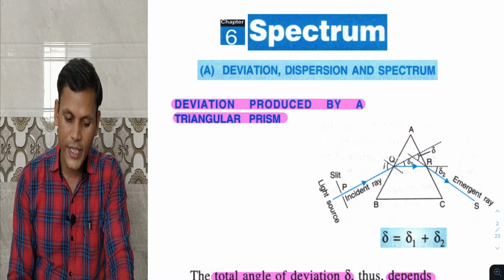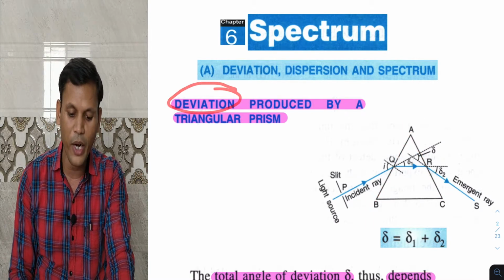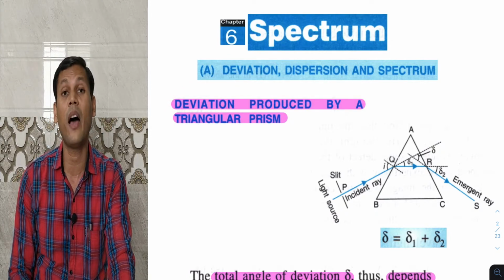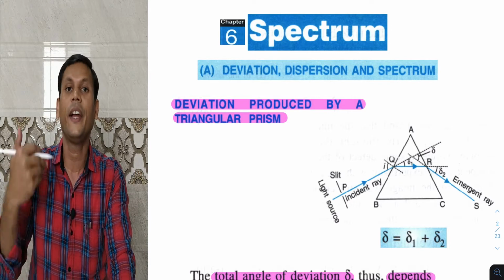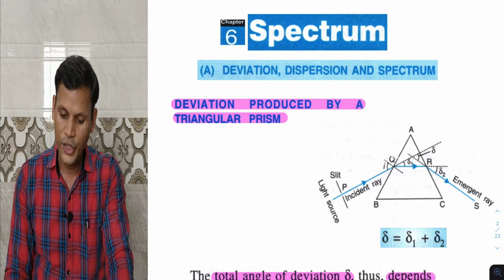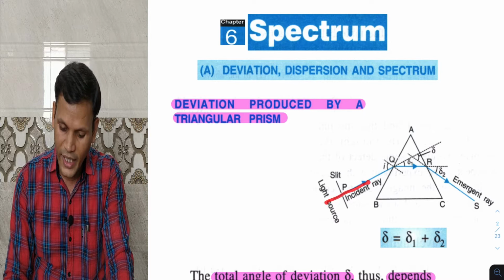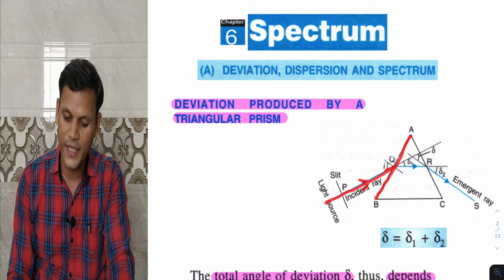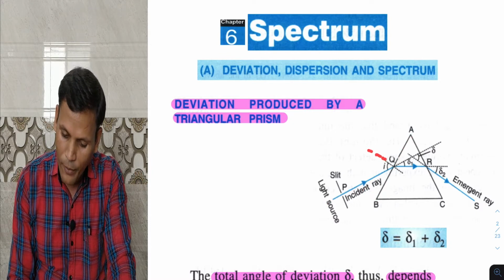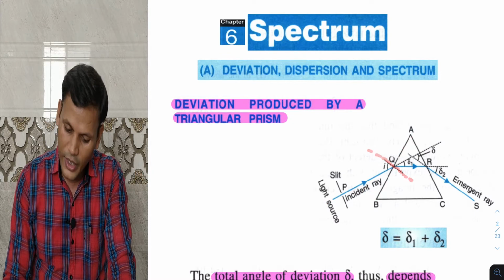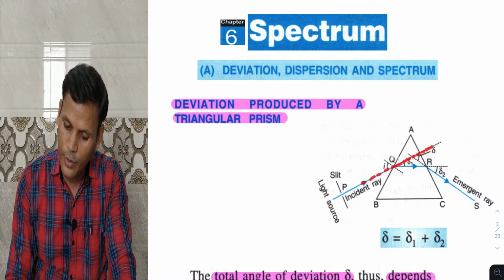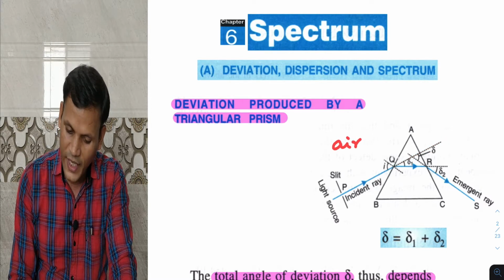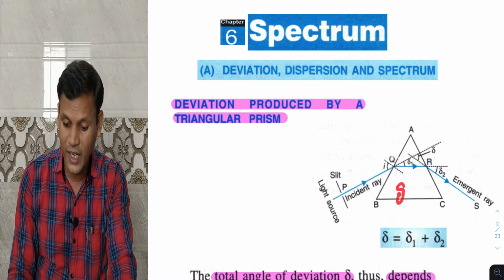In this case we have to learn about the deviation produced by a triangular prism, how the incident ray deviates. The ray is incident at the refracting surface, and this is the normal. Its actual path should be like this one, but here it is air and this is glass.